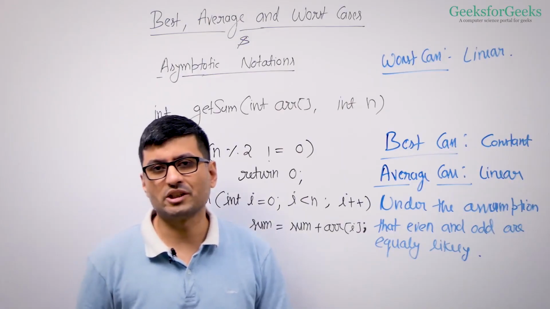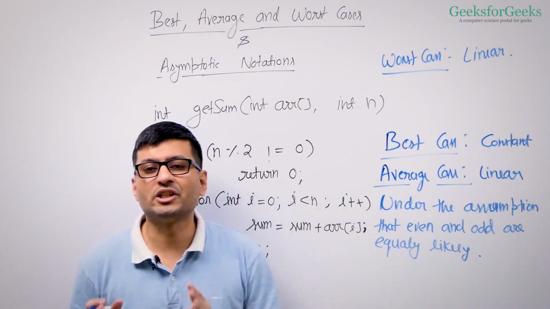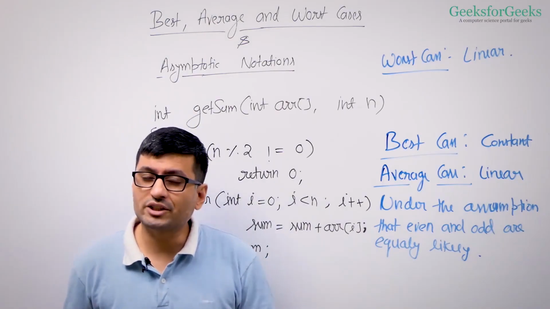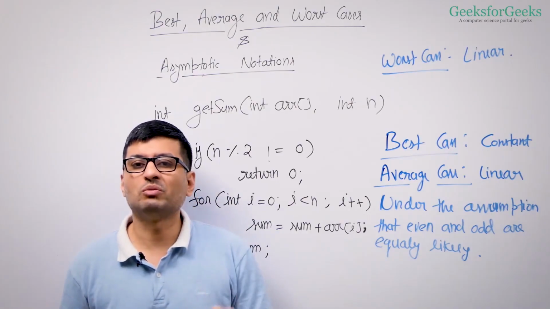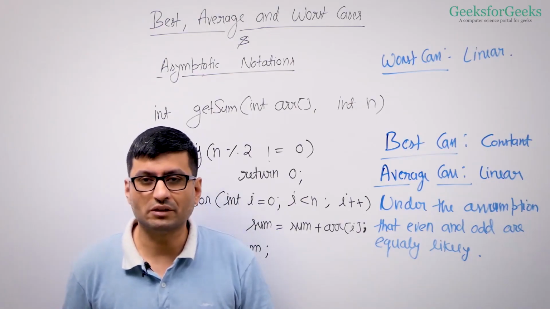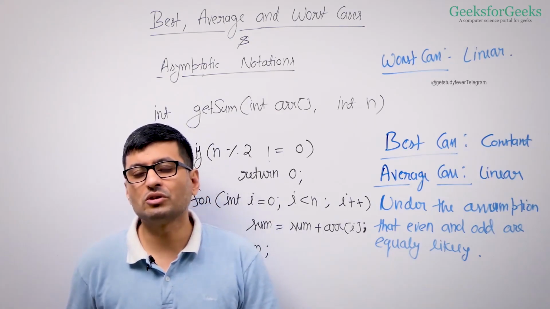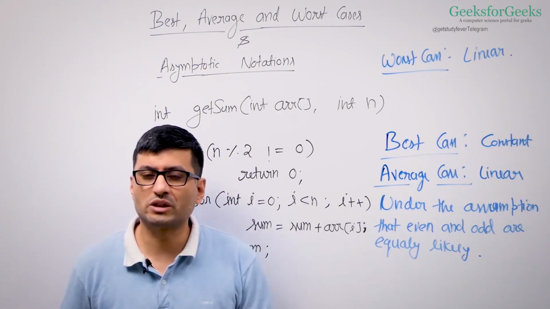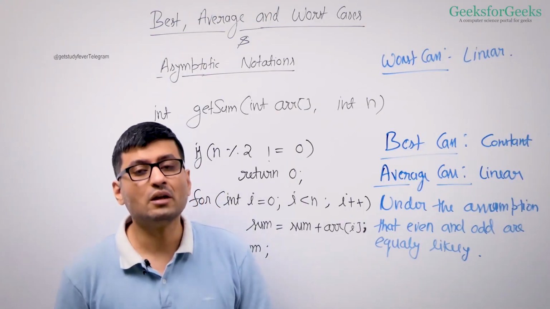So nobody is going to purchase that software, right? So best case is something we generally do not use. Average case, we would like to know. We would like to know how much is the average time taken by the software, but it's impractical to do most of the time. Also, even if you have data, it's too much mathematical for computer people to figure out sum and do average.